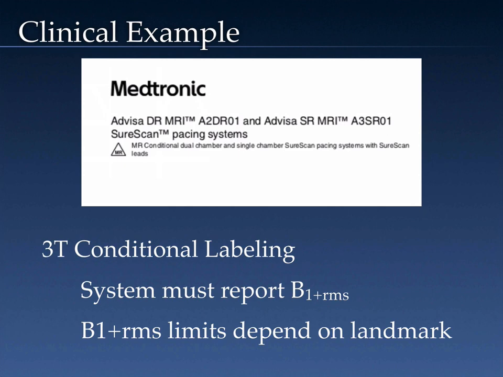I'll show you a slide here in just a second showing what we mean by where you landmark. Now, as a side, according to the device labeling, if the 3T system that you're using does not report or show the B1+rms, then the patient must be imaged on a 1.5 Tesla system using the SAR limits of use as described in the labeling.